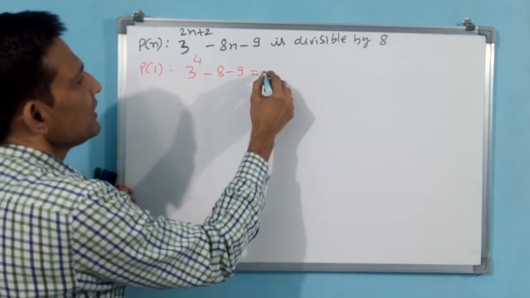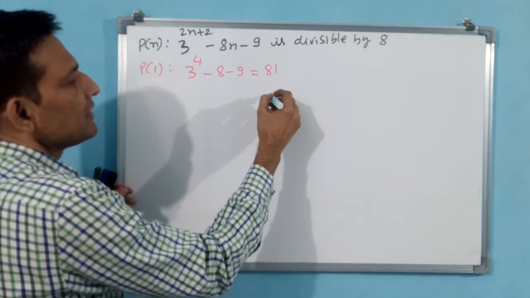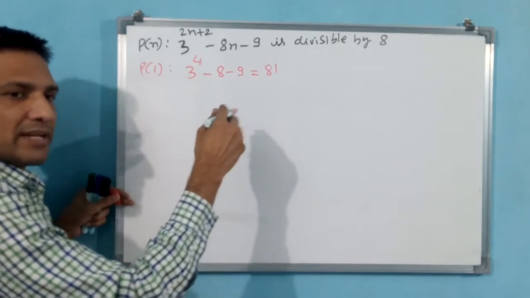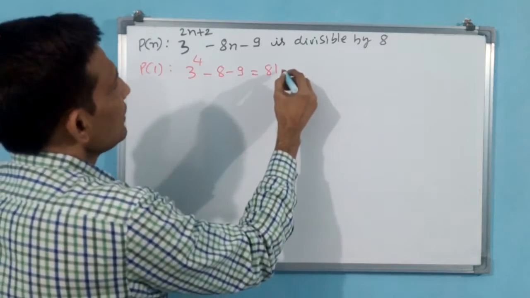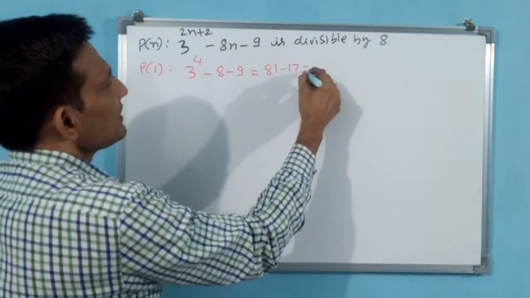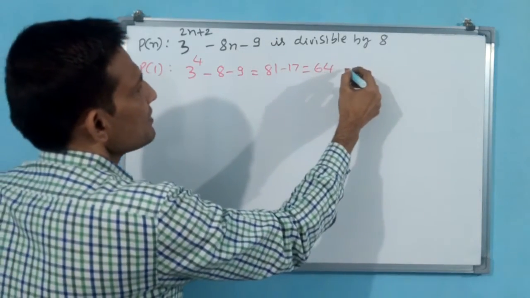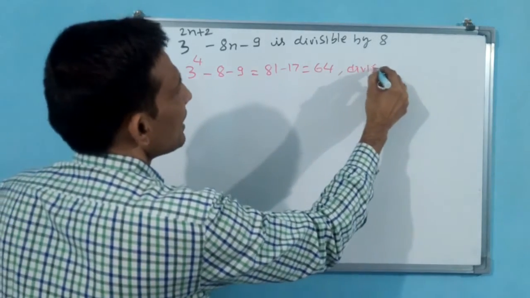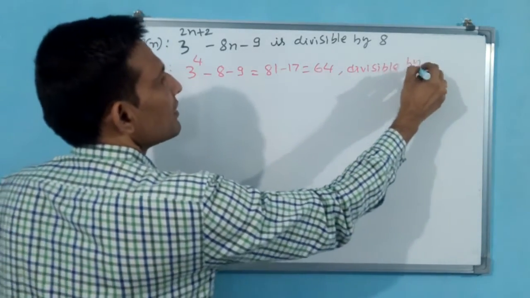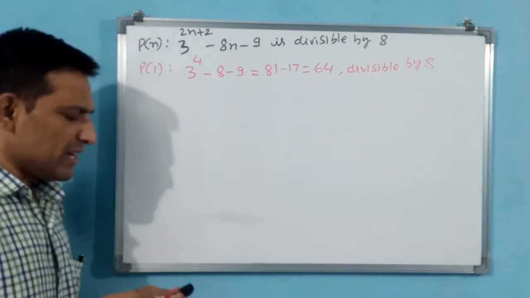That is equal to, see, 3 power 4 is 81. 3 square is 9, 9 square is 81. Minus 17. That is equal to 64, divisible by 8. 64 is divisible by 8.